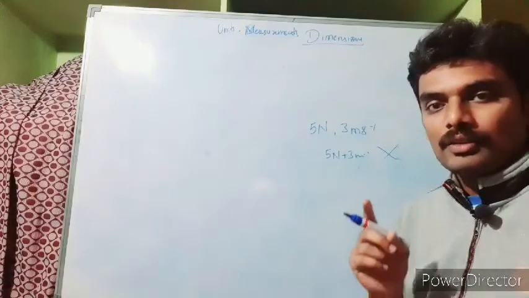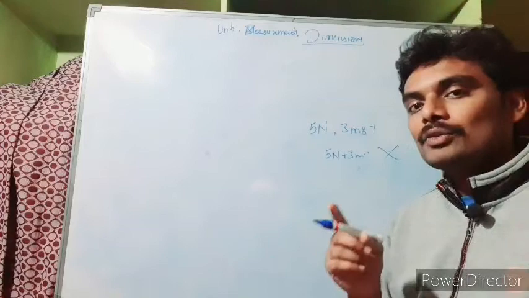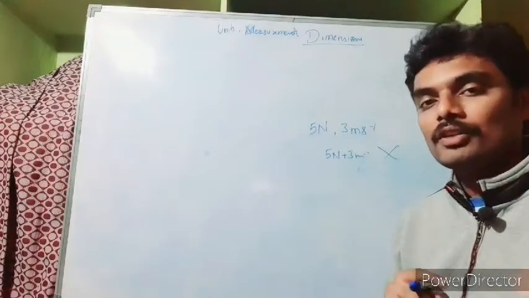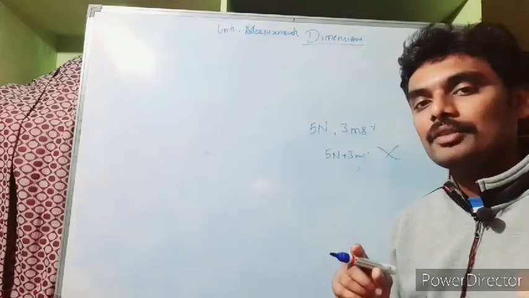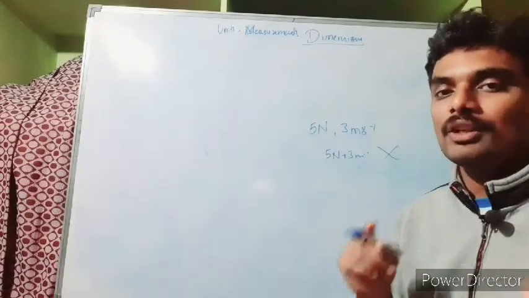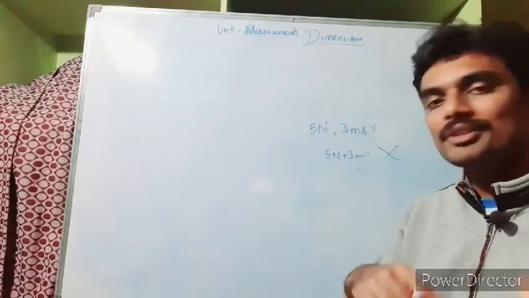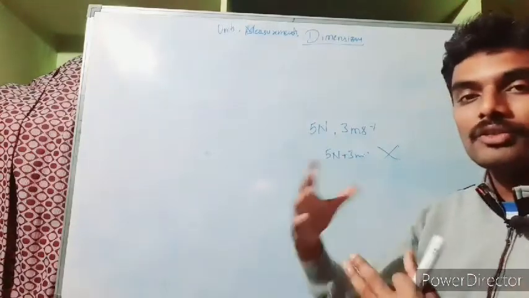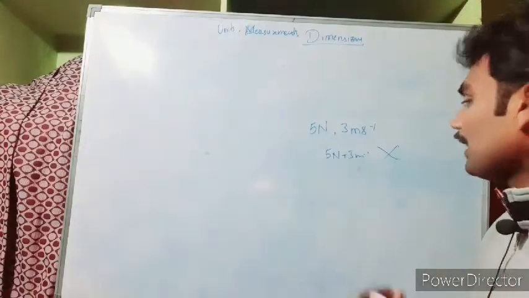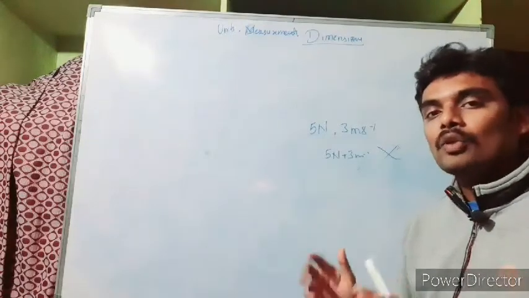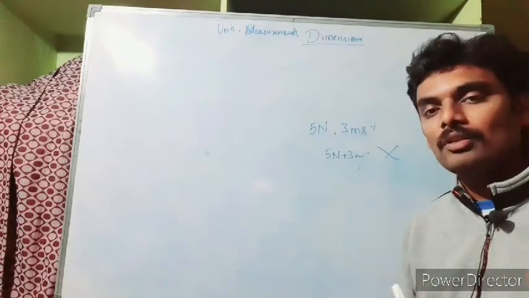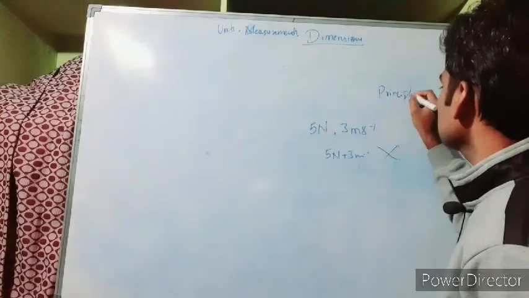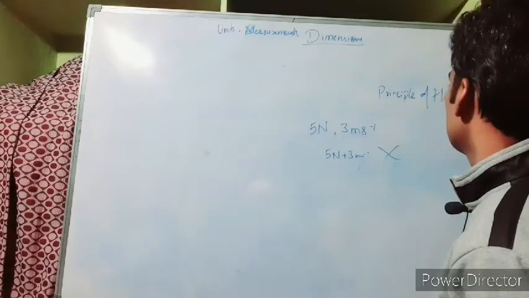Clear? When they have the same unit, obviously they will have the same dimension, they belong to the same quantity. And this principle is called the principle of homogeneity.